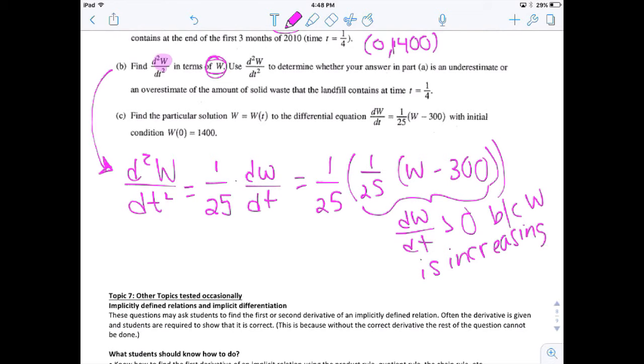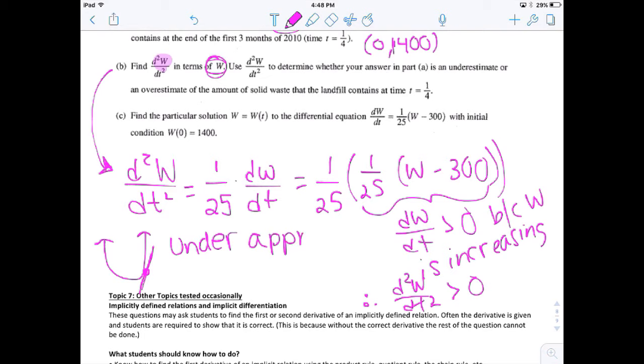So what that tells me is my second derivative is positive. This is concave up. That means the tangent line will be an under approximation. And I want to include all of that in there, concave up. So I know that it's always concave up because I know the first derivative is always positive. And so because of that, it's an under approximation.